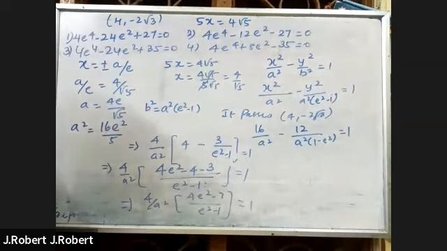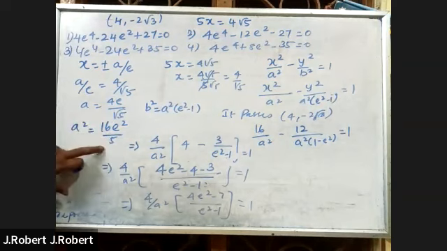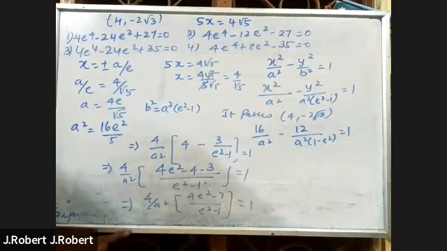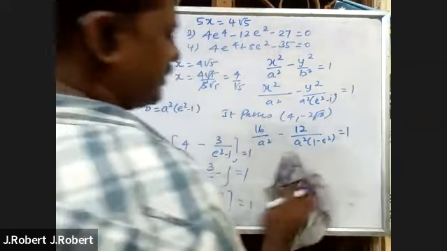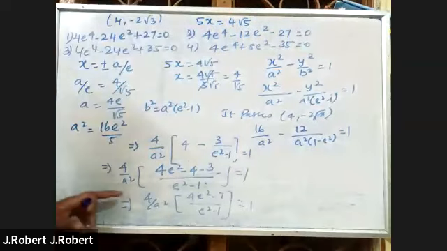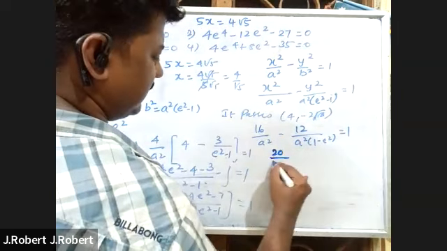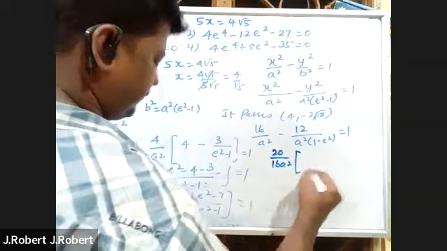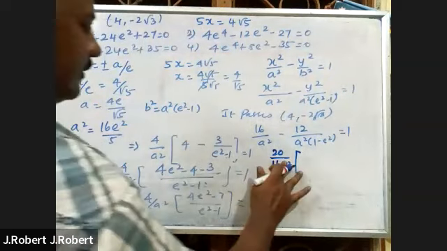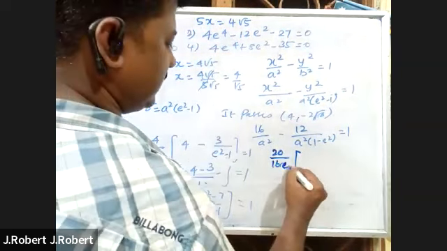Now listen here. I'm going to substitute the value of a square. What is a square? 16 e square by 5. It is in the denominator, so taking the reciprocal, 4 fives are 20, so 20 divided by 16 e square.